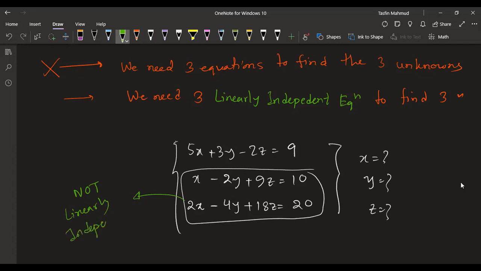So here is the catch: if you have been given any equations, there is a possibility that you may not be able to find the solution. If I give you three equations that are linearly independent, then you will certainly be able to find the solution. But if the equations are linearly dependent, then there is a loophole, right?